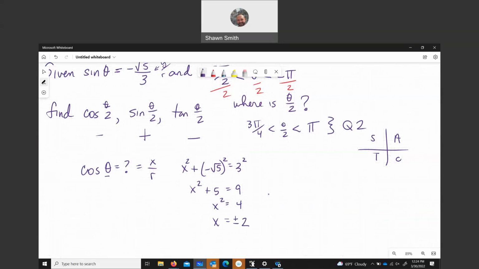We're talking about theta here, not theta over 2. So theta is in quadrant 3. X is negative in quadrant 3. So theta over 2 here, theta there. So now cosine is going to be negative 2 over r, which was a 3.